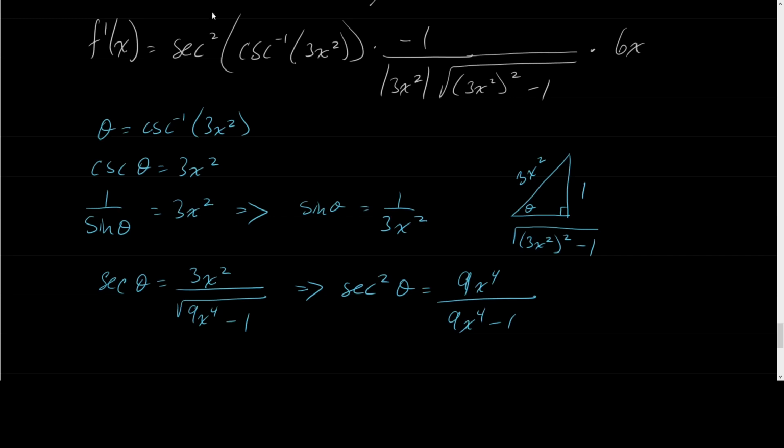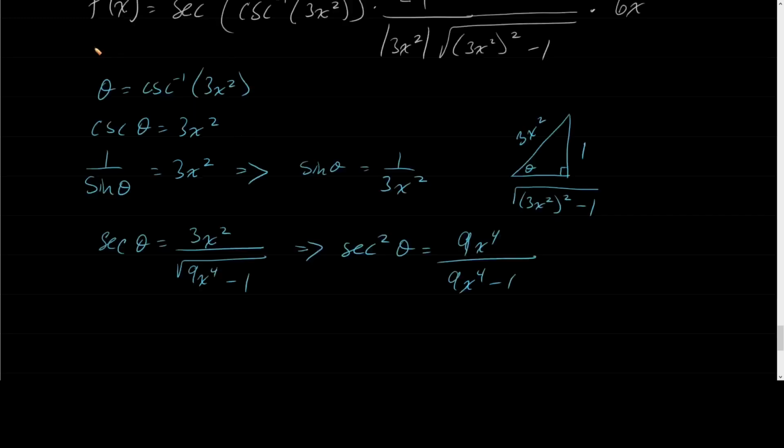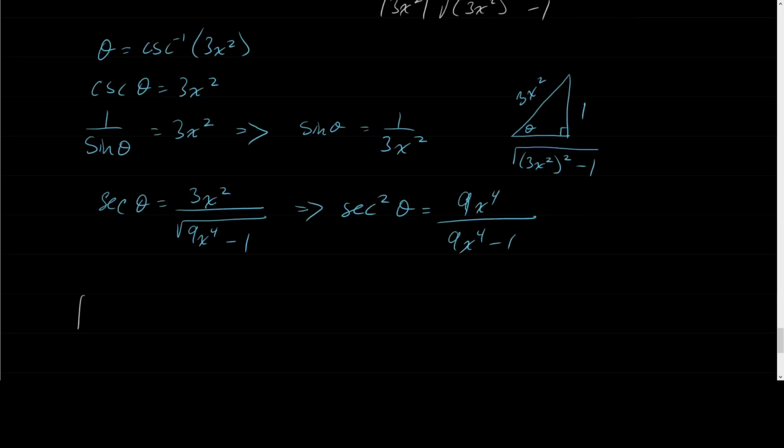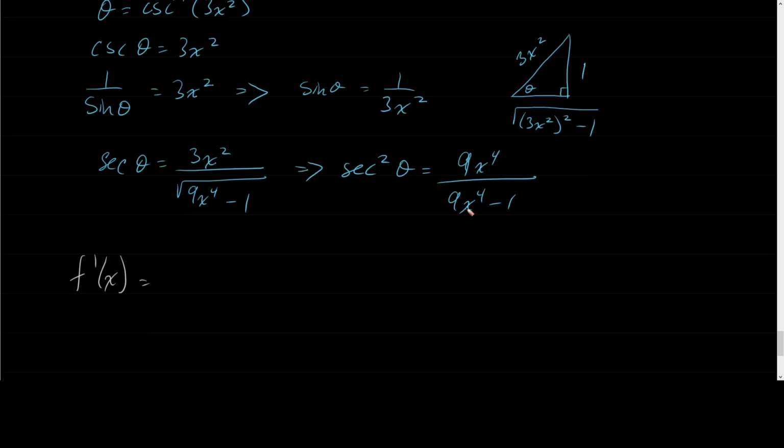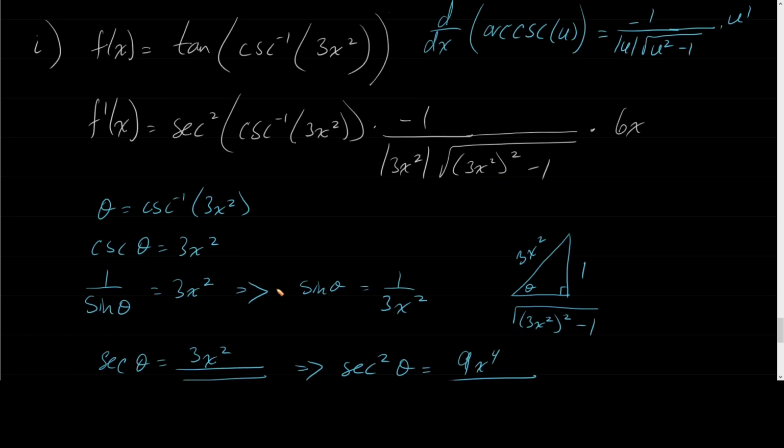Well, now let's go ahead and simplify our f prime. So f prime of x was, well, what was it? It was secant squared. Well, secant squared we just figured out was 9x to the 4th over 9x to the 4th minus 1. So that's secant squared times negative 1 over that stuff.